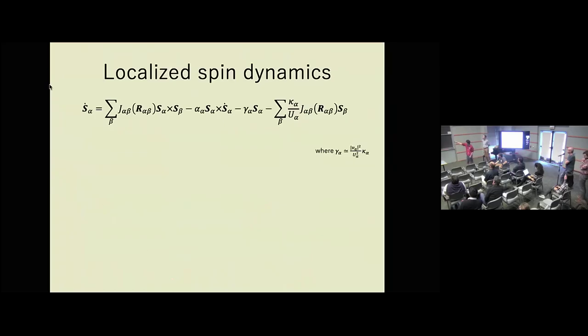So J alpha beta does have information about the Fermi statistics. There's a Fermi surface involved, so k_F is involved, and also h-bar is involved. But other than that, this is an artifact of the mean field approximation.